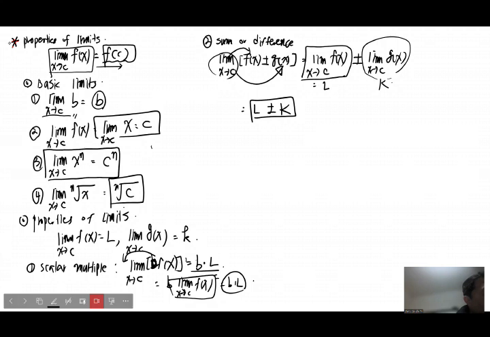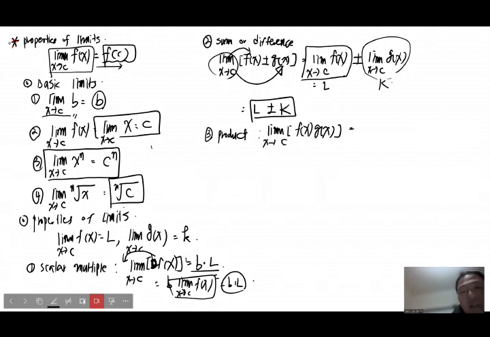Okay, and number three, product. The inside of the limit consists of f(x) and g(x) and their multiplication, or their product, like this: f(x) times g(x), x goes to c.